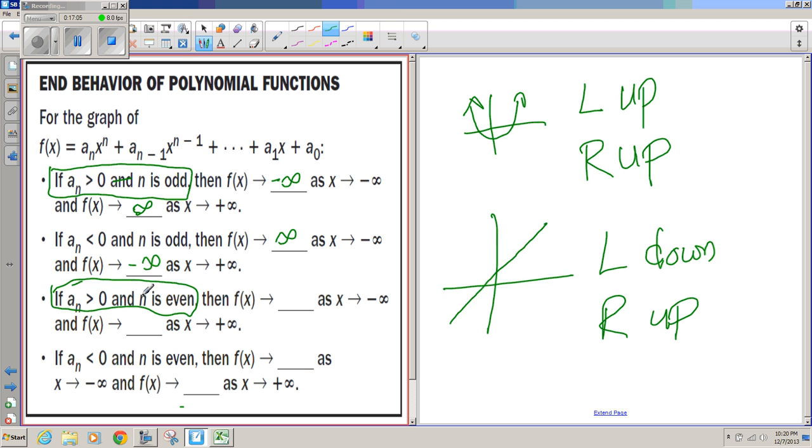This will help you to just kind of memorize it. If a is greater than 0 and it's an even degree, they're always going up. If it's an even degree and a is negative, then it's going down.